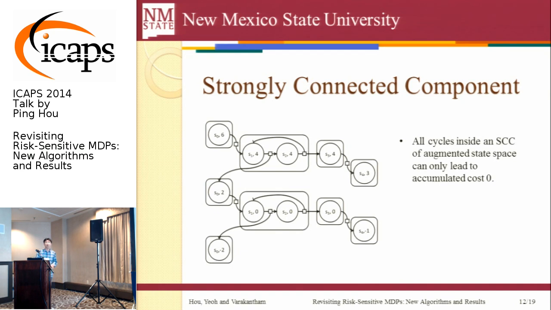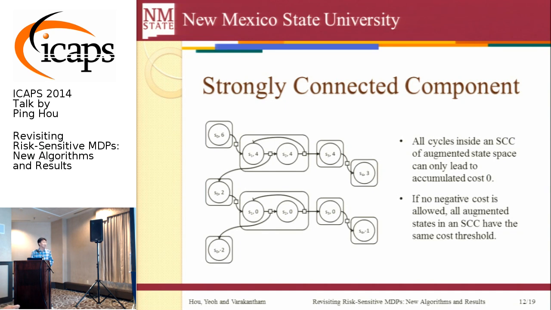The first is that we don't allow negative cycles, because if there are negative cycles, the agent will stay there forever. So all the cycles inside one SCC must have accumulated cost 0. The second is that if there are no negative costs, then all the augmented states inside one SCC must have exactly the same cost threshold.